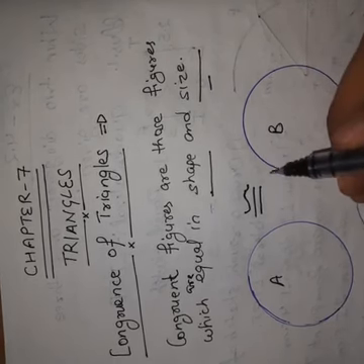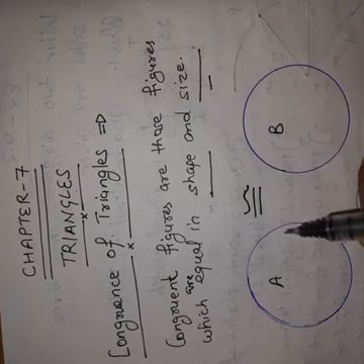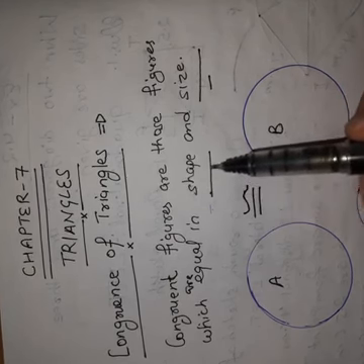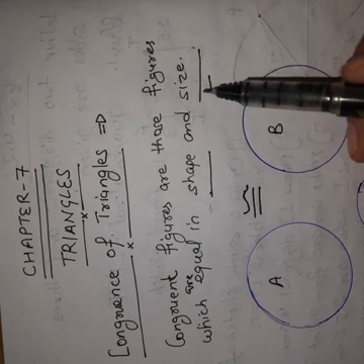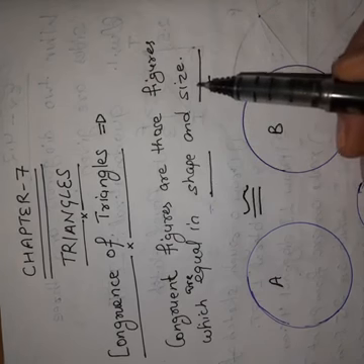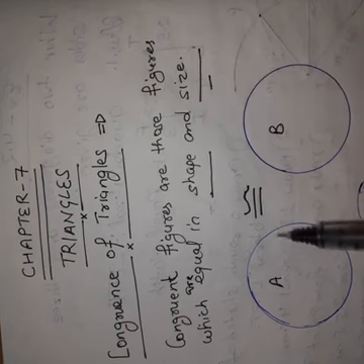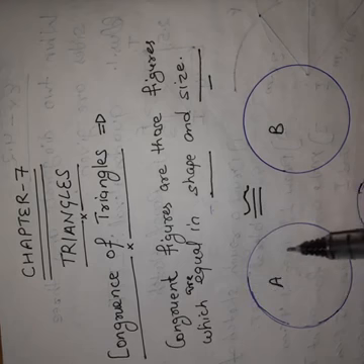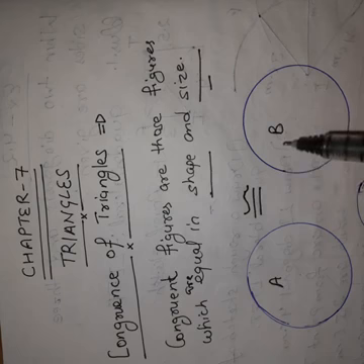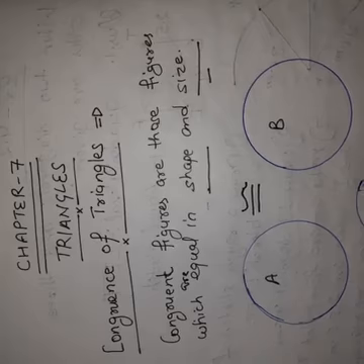Okay, so I will again repeat. Congruent figures में shape and size both are equal. In this example, shape is circular of figure A and figure B, and also their sizes are equal because they are circles of equal radii.